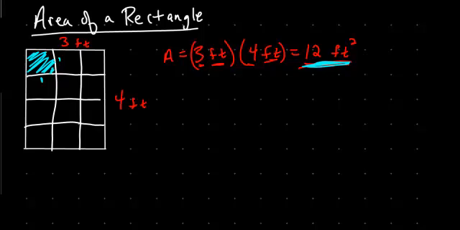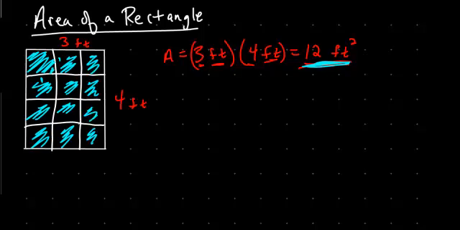So if you see there, we have 1, 2, 3, 4, 5, 6, 7, 8, 9, 10, 11, 12. So an area of 12 square feet means we could fit 12 1 by 1 squares into that area.